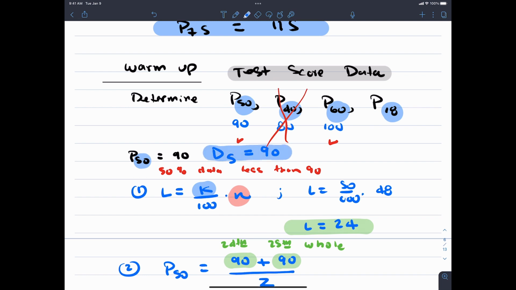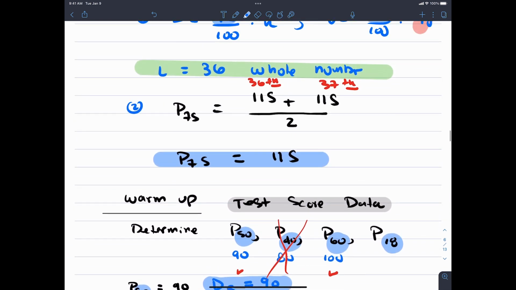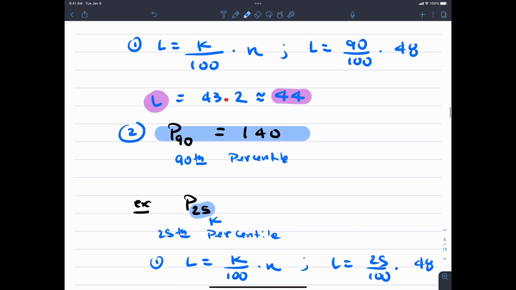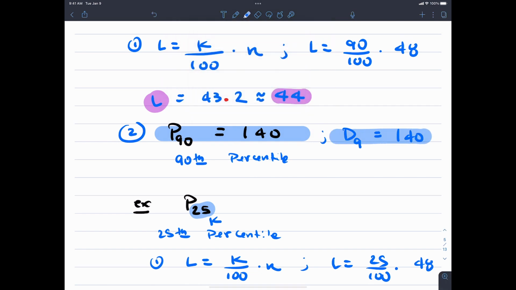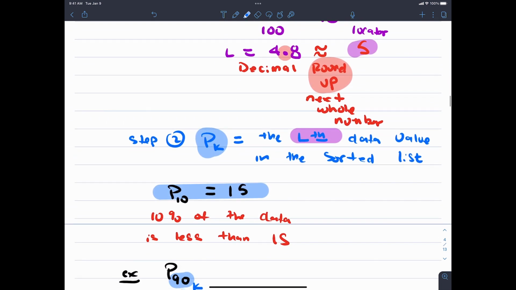So I was already sneaking in these questions. P75 is not a decile. Do we have anywhere? Oh, look at that. Do we have another decile? We sure do. D9 is what? 140. P10, what's this?